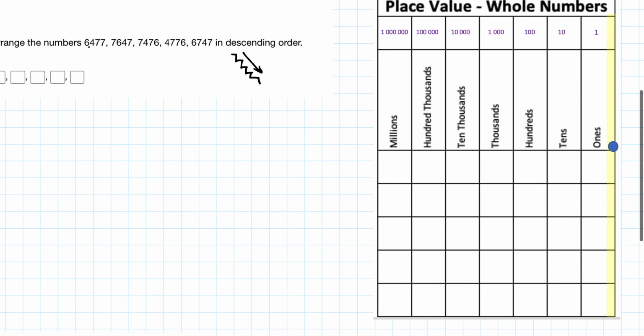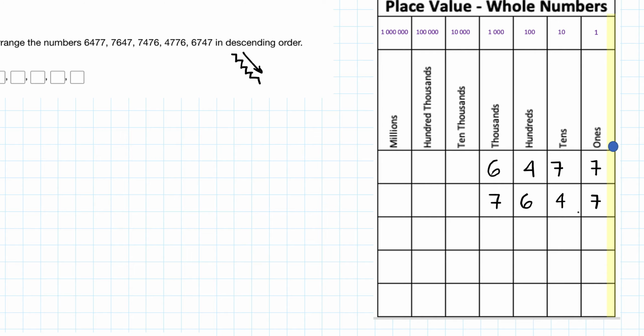So how do I write this number, 6,477? Our recommendation is that you always start by the ones, by the units. So I'm going to write this one here. So I have 7, and then 7, 4, 6. And that's my first number. Then the second one is going to be 7, 4, 6, 7.